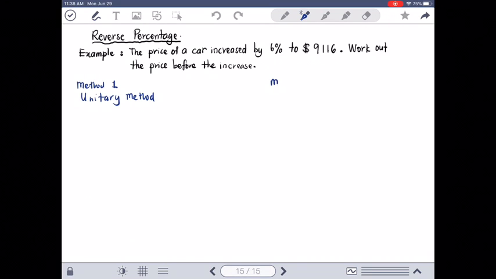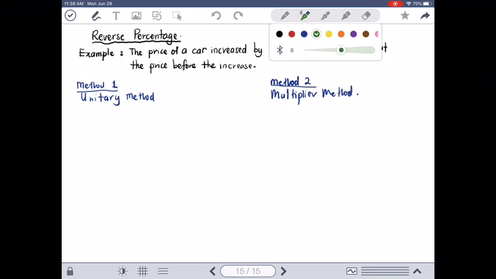Second method is known as the multiplier method. So we are going to have a look at these methods one by one. Start with the unitary method.